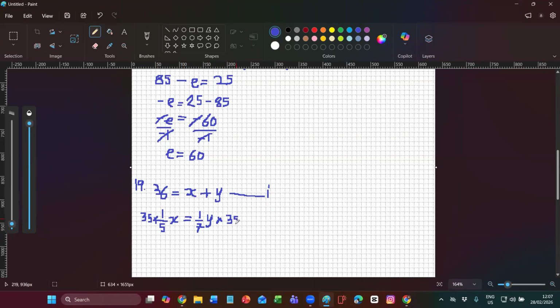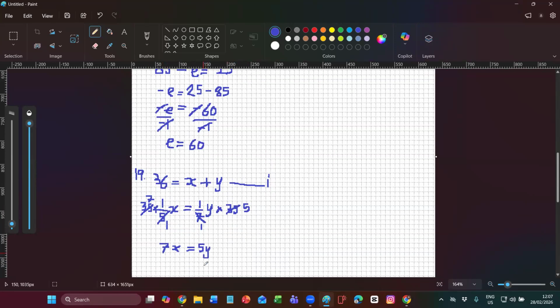So that will leave me with what? 5 in here, 1, 5 in here, 7, and 7 in here, 1, 7 in here, 5. So that means 7x is equal to what? 5y. Can you see that? Yes.